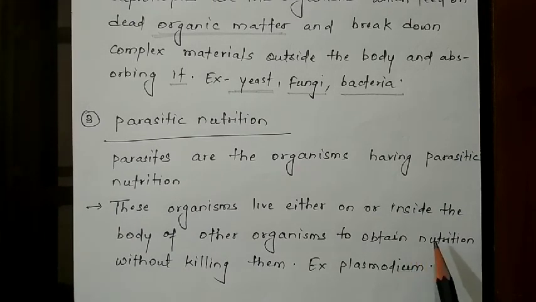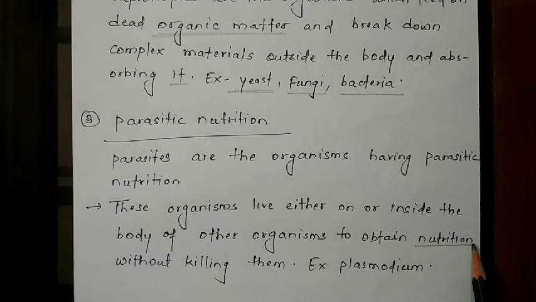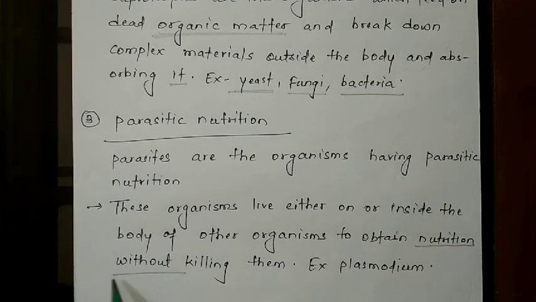But one thing, they remain inside the body or on the body to obtain their nutrition without killing the host, without killing the organism on which they depend. Okay, like Plasmodium, we can take the example of Plasmodium.